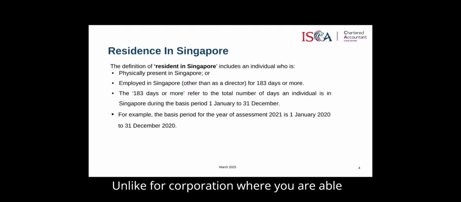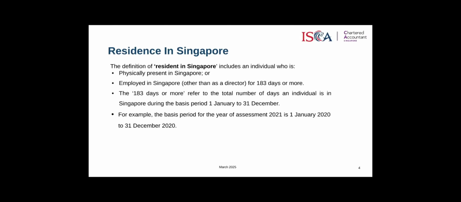Unlike for corporations, where you are able to select your accounting basis period at incorporation, an individual is taxed on his income received on a calendar year basis. Therefore, for testing of residency, we typically also refer to 183 days or more in a calendar year.